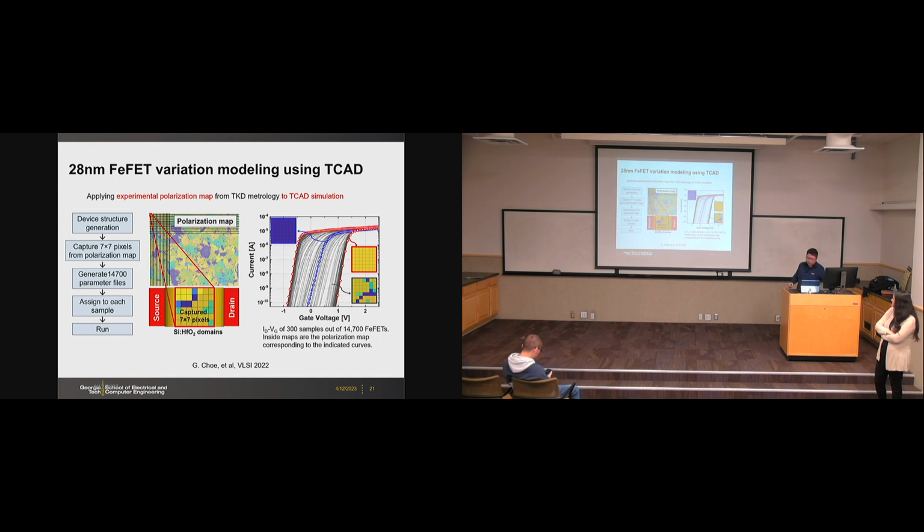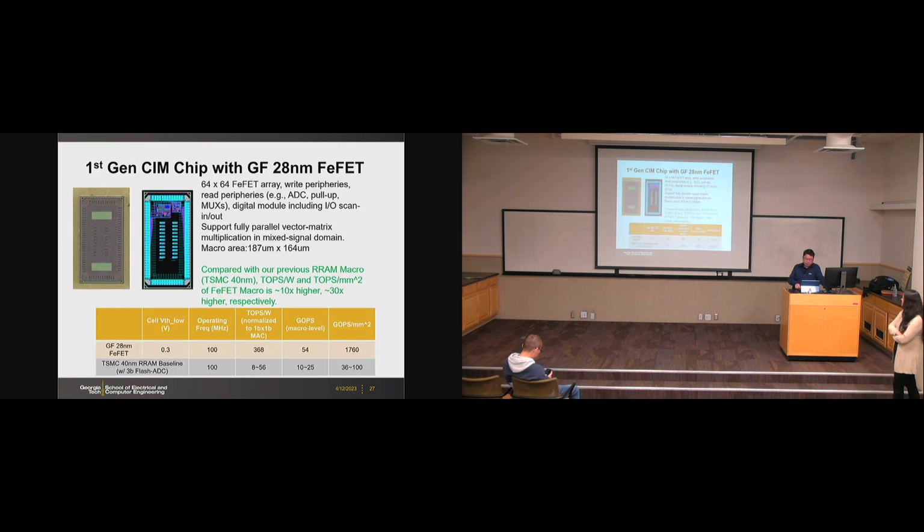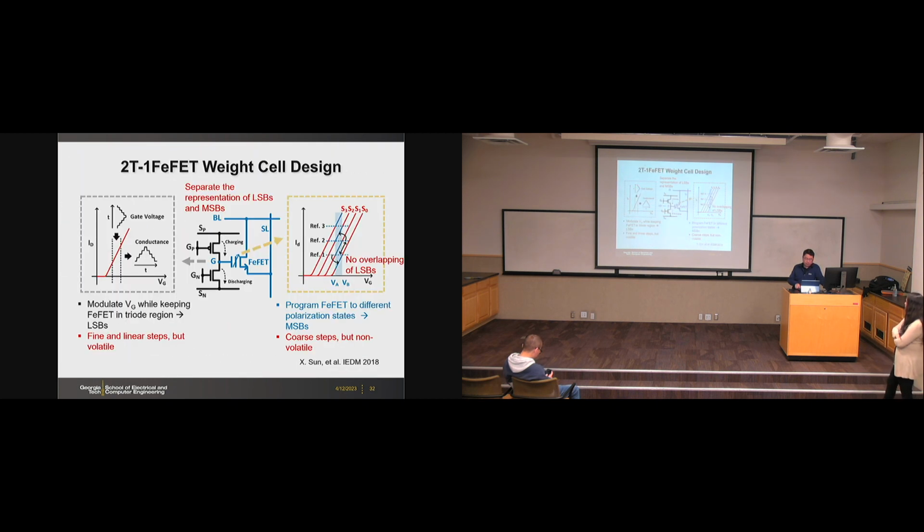So far most of the discussion is on the inference. For training, the only way I think is this kind of hybrid approach, because there will be an endurance problem with the FeFET as well. You can only cycle, for example, 10 to the power 6 cycles. So if you do training, and each small step you also use the FeFET, then your device cannot sustain too many cycles.